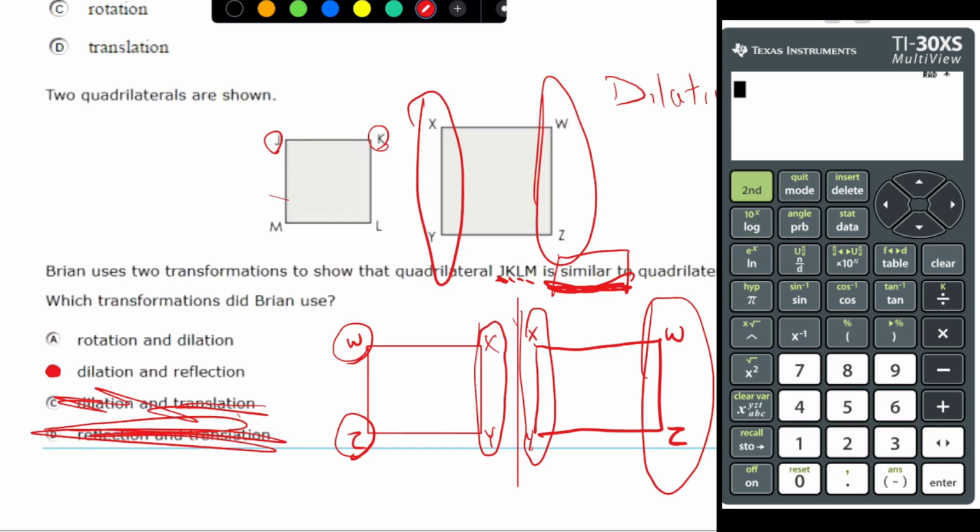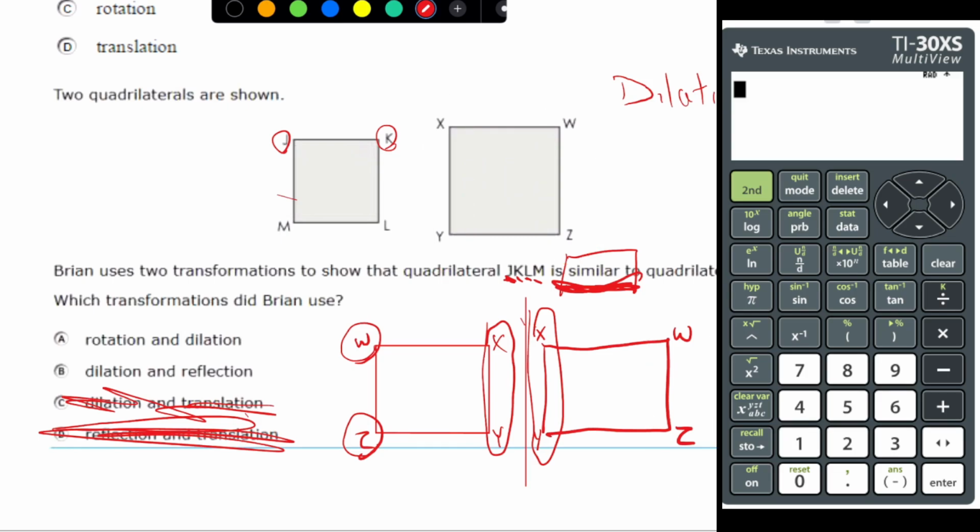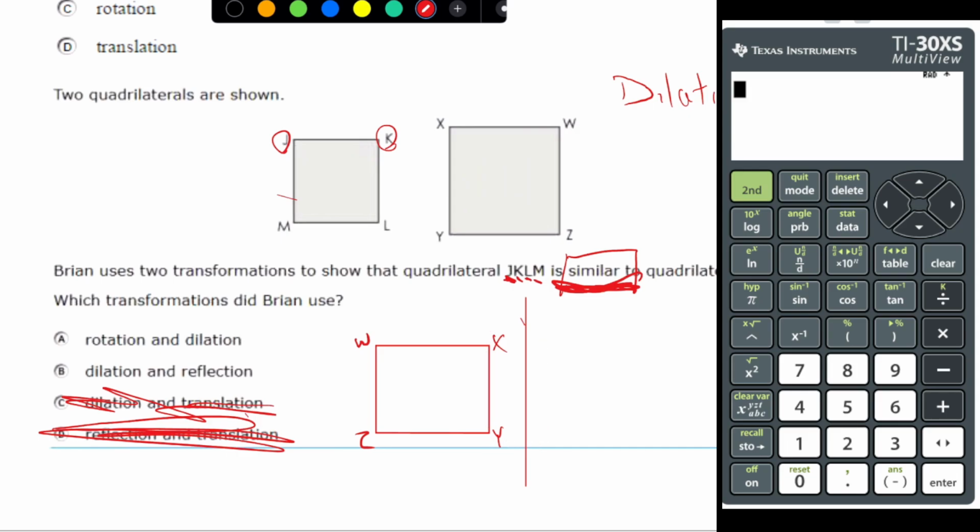A rotation would end up with a shape, I should be able to just get rid of all those, goodness gracious. Okay. A rotation should be easier for me to show off.